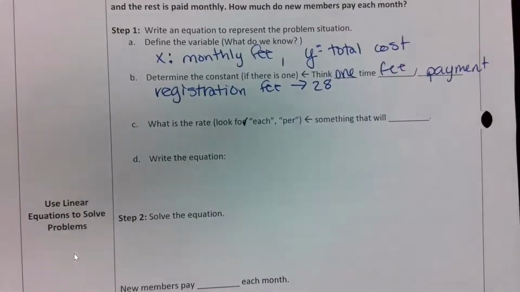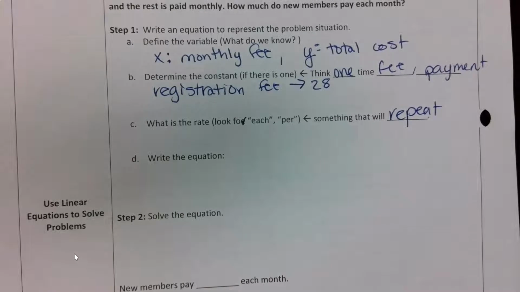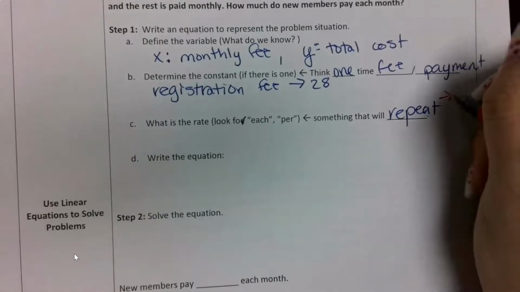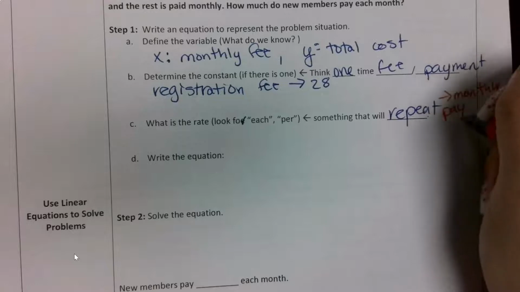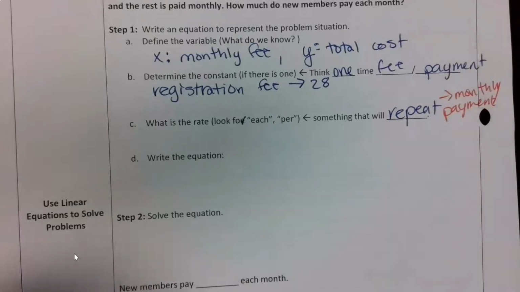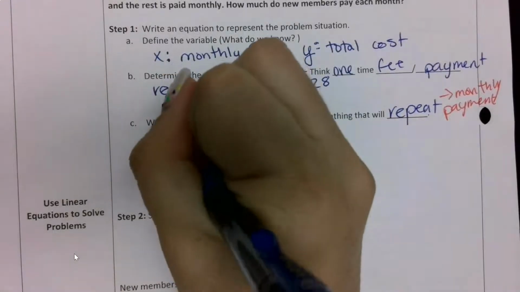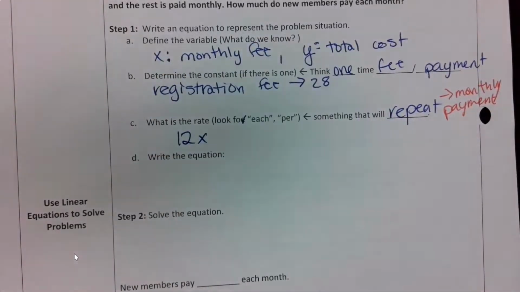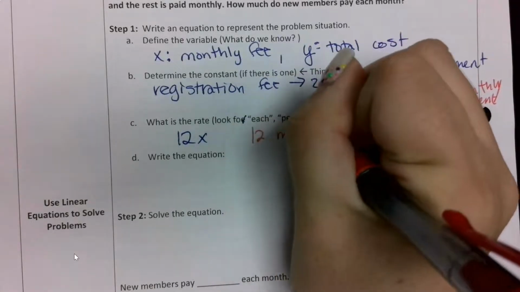And the keywords here are each or per. The thing that repeats is my monthly payment. So, there are 12 months in a year, so I'm going to have 12x.